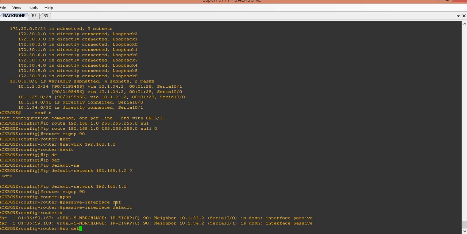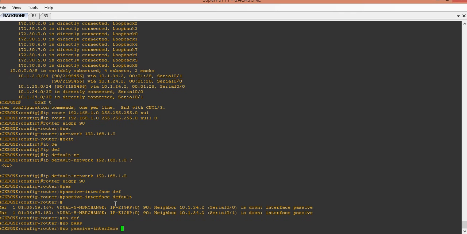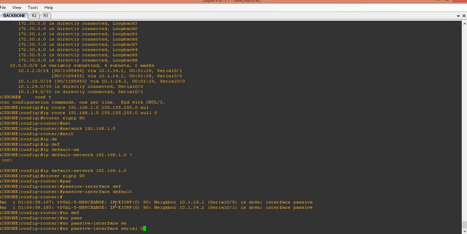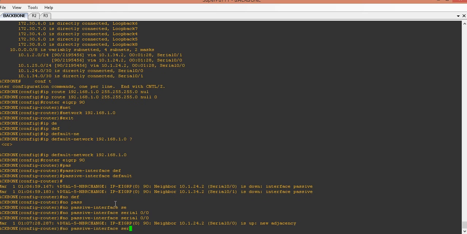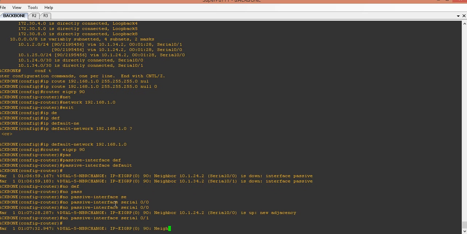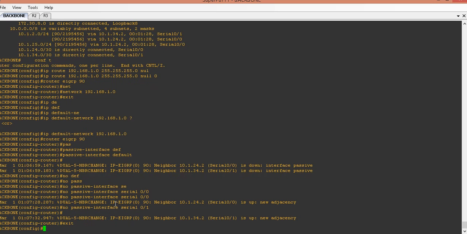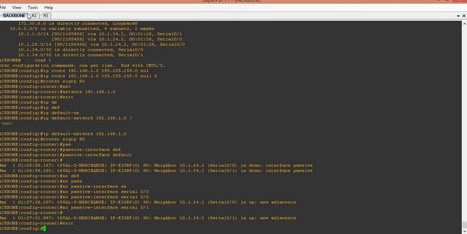So no passive-interface serial 0/0 and no passive-interface serial 0/1. Good. So that is done. I'm going to router 2 and configure FastEthernet 0/1.